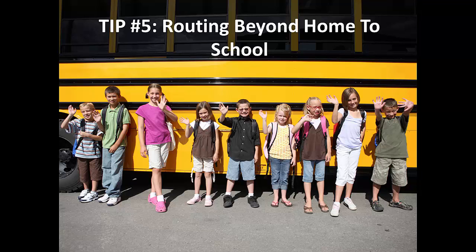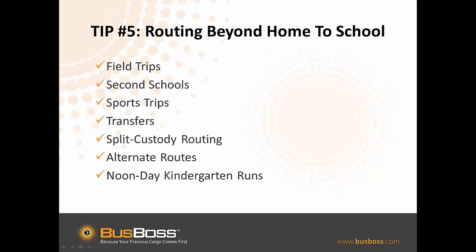Well, we wish it was as easy as just getting them to and from home, right? Never, ever is it that easy. There's so many other types of routing that we want to make sure we get the kids to the places where they need to be. Not only from home, not only to daycare, not only to grandma, not only to their dad, to their aunt, to whoever. They have trips, second schools that they attend.